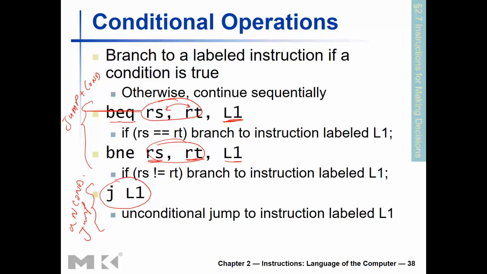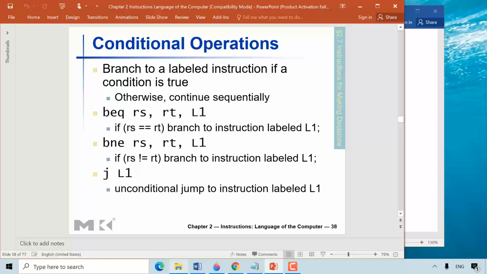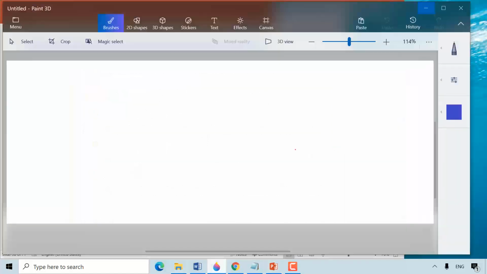One important thing, let's get into a whiteboard here. If I have a branch if equal, I check on, for example, T0 and T1.